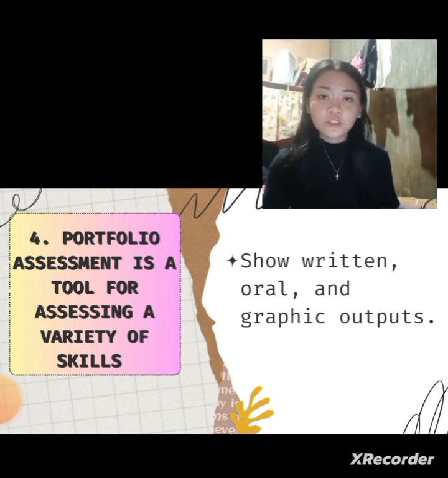The portfolio can show written, oral, and graphic output of students in a variety of ways, which demonstrate skills developed by a learner.